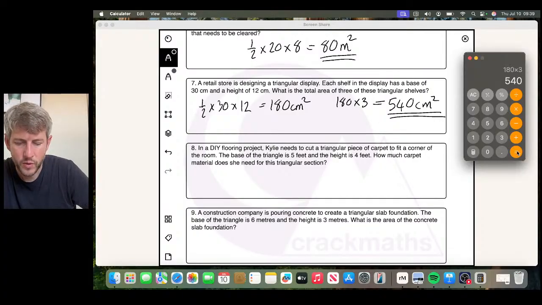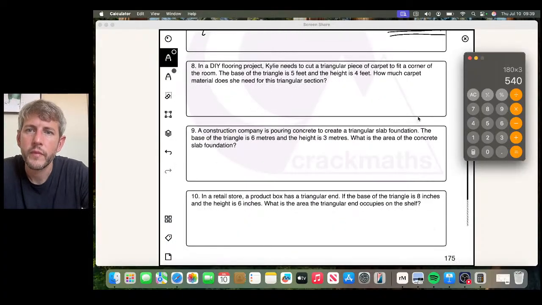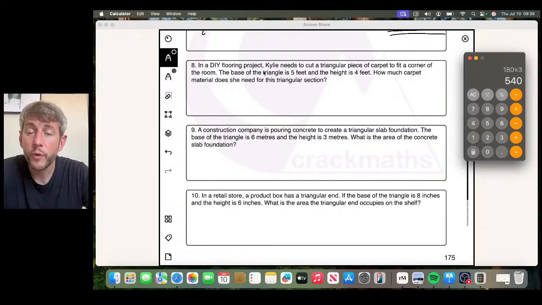Okay, question 8. In a DIY flooring project, Kylie needs to cut a triangular piece of carpet to fit a corner of the room. The base of the triangle is 5 feet and the height is 4 feet. How much carpet material does she need for this triangular section?